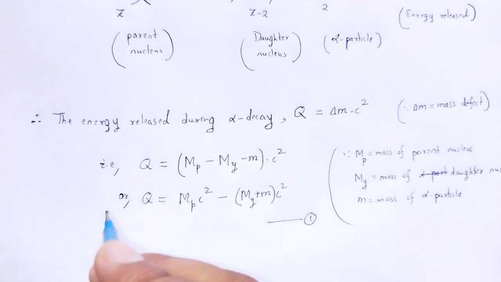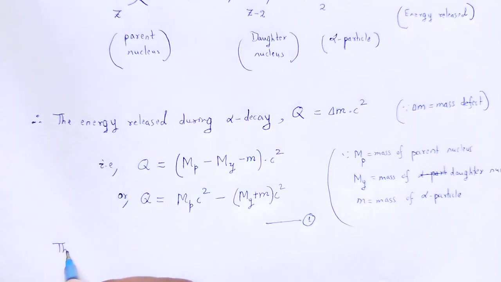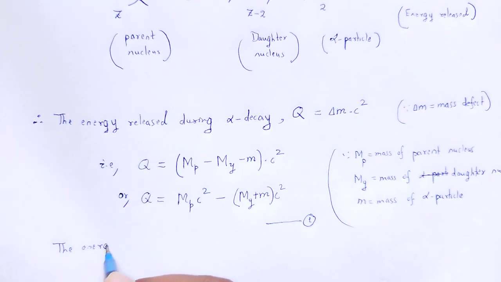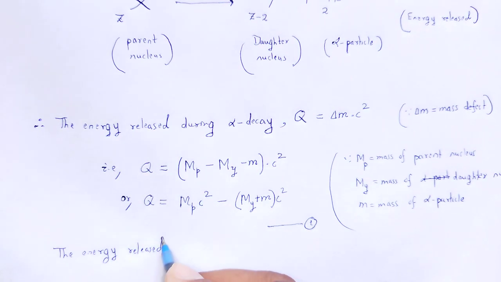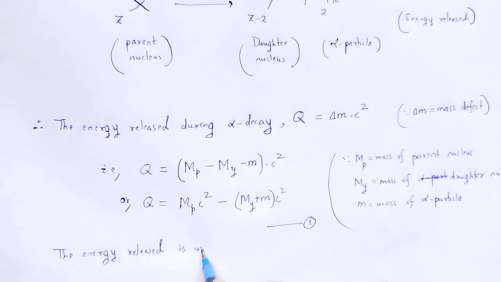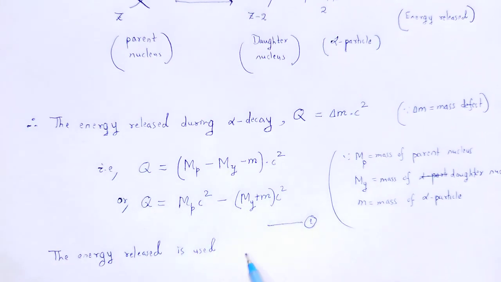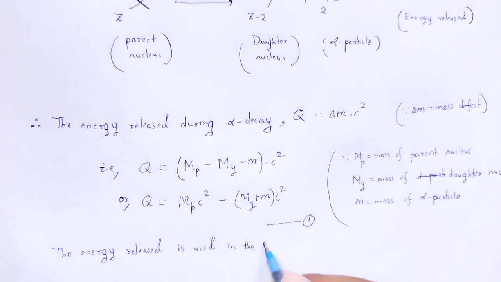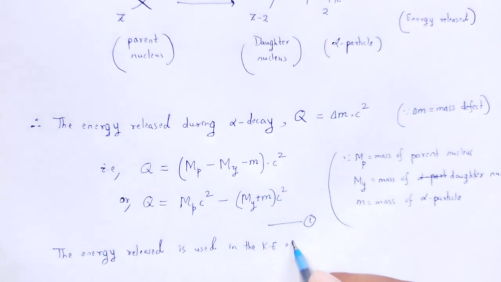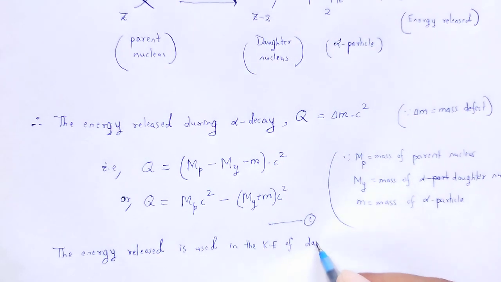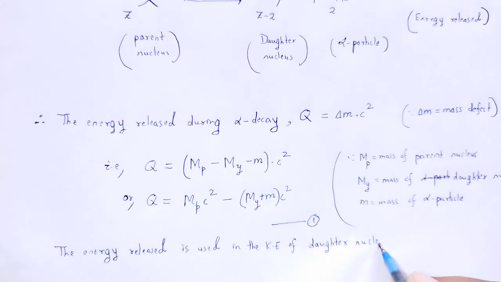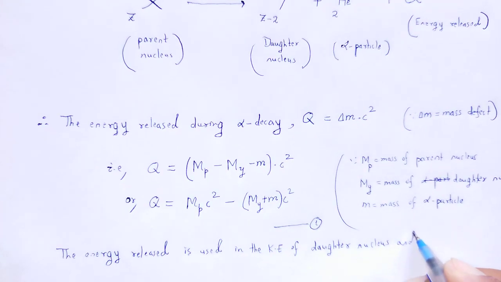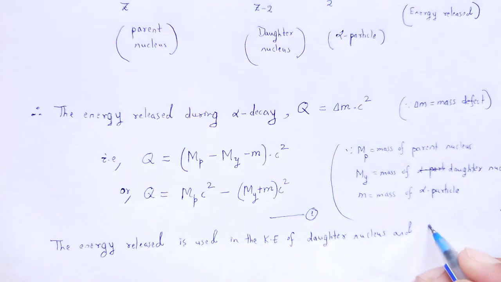The energy released is used in the kinetic energy of the daughter nucleus and alpha particle.